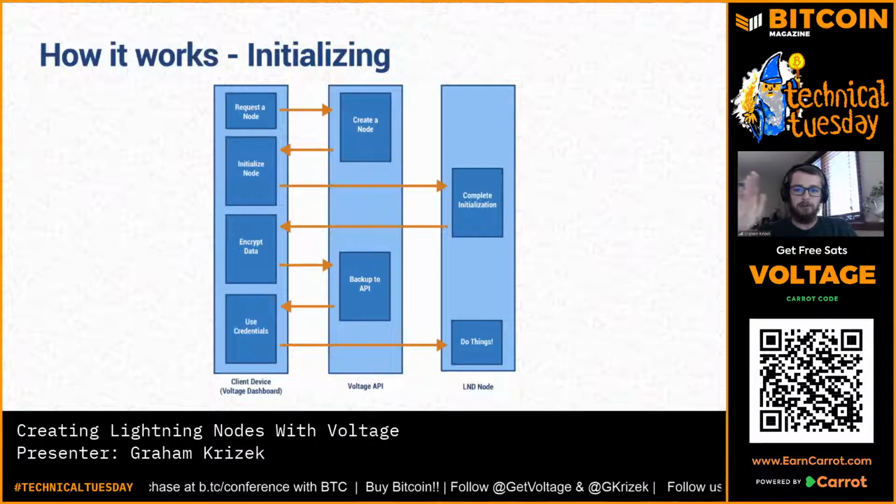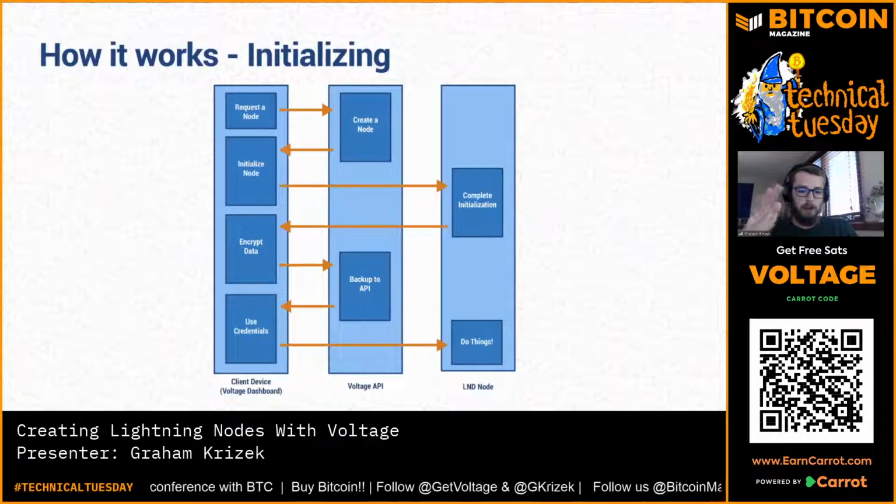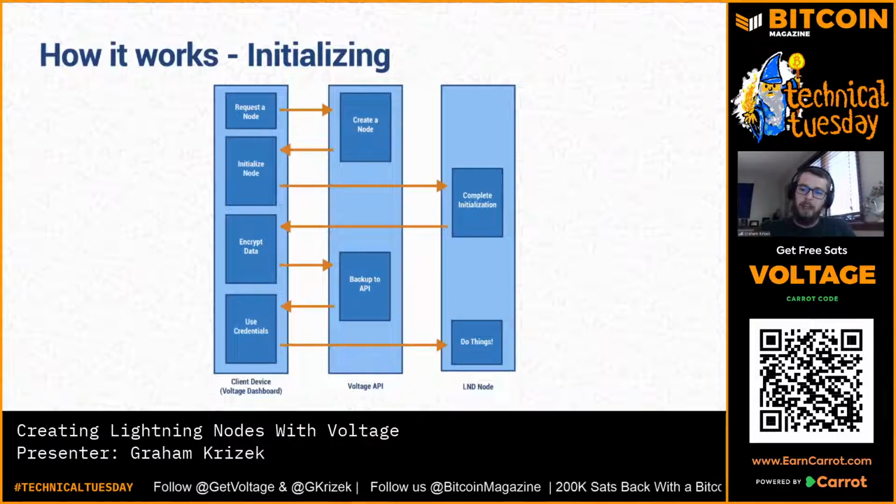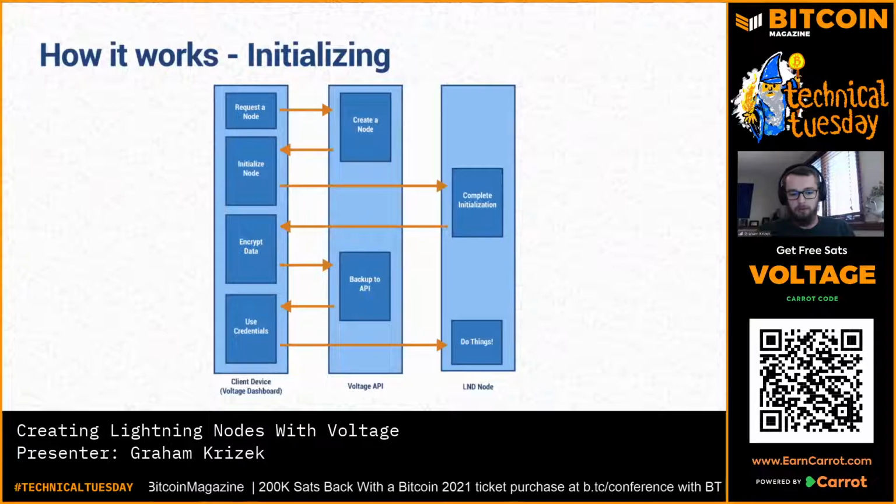So if you ever lose your macaroon, or it helps with the connection information, we store a copy of that encrypted data, which, because it's encrypted to a password that we never see, it's never left the client device, we can't decrypt what is backed up to our servers. And then after it's backed up to our API, you are free to use the credentials and do things into your node. Create channels, fund the node, whatever you want.